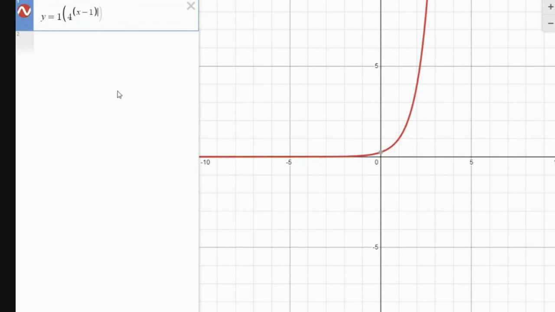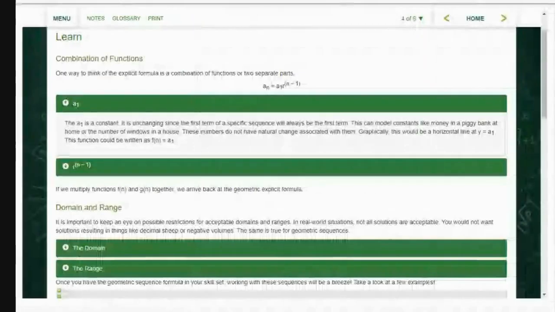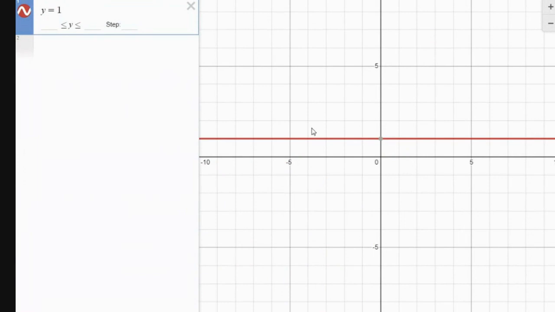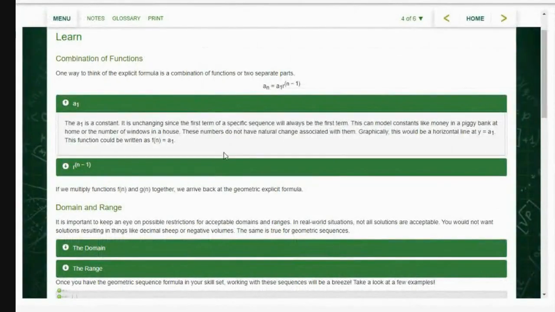There we go. Did that work? It did not cross at 1. What are they saying? A horizontal line of y equals a1. Oh, that's if it was just a constant. If you didn't have the r, yeah, it would cross at 1. The constant part is just y equals 1, because that's our first term.